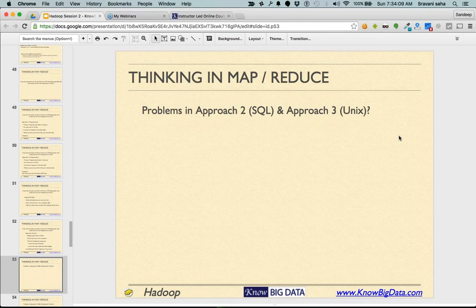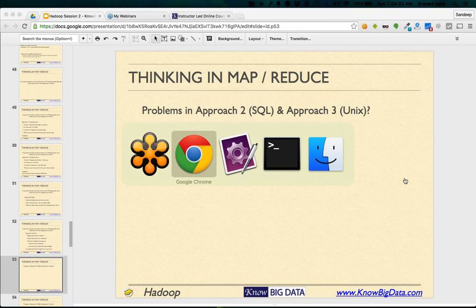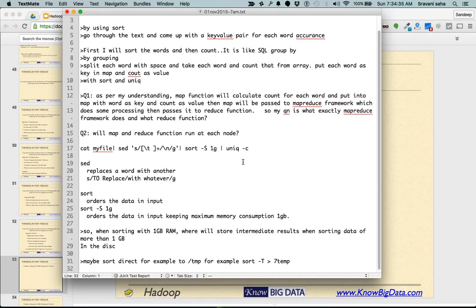Now next is, Srini says the Unix approach is much better at handling RAM. Peter says that it would be faster if it utilized multiple computer cores. Correct. That is good. Let me just make a note of this one.